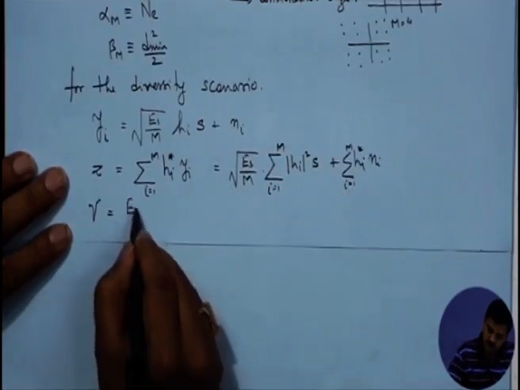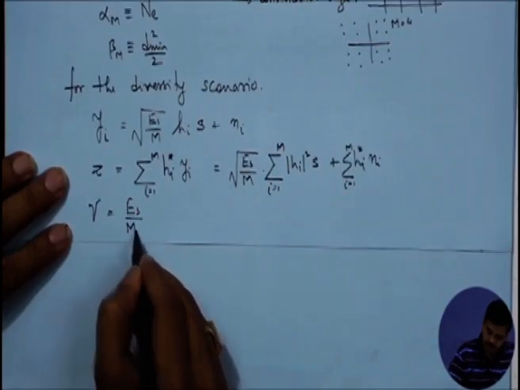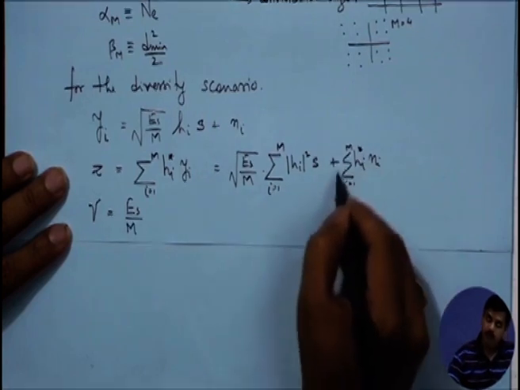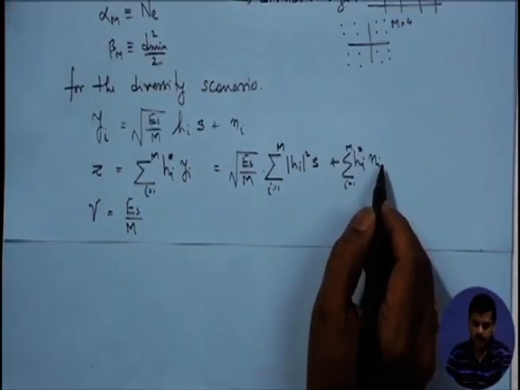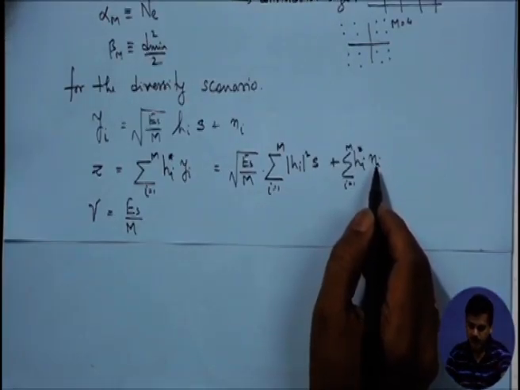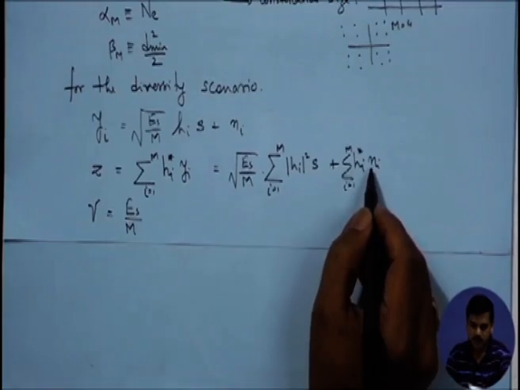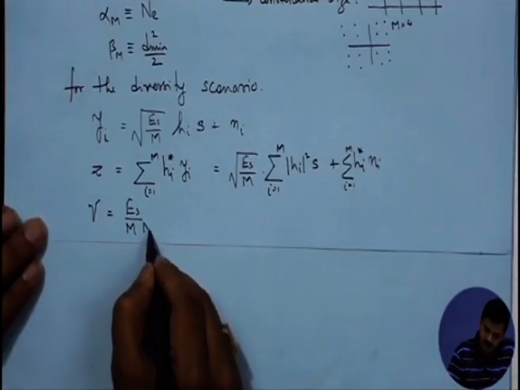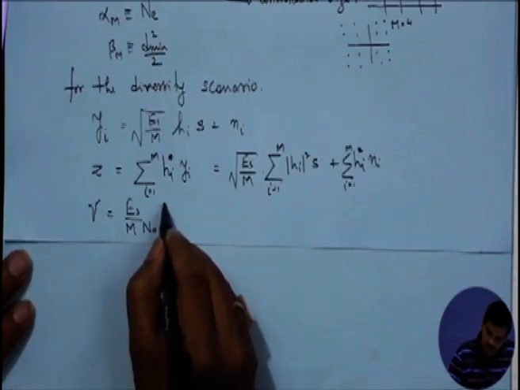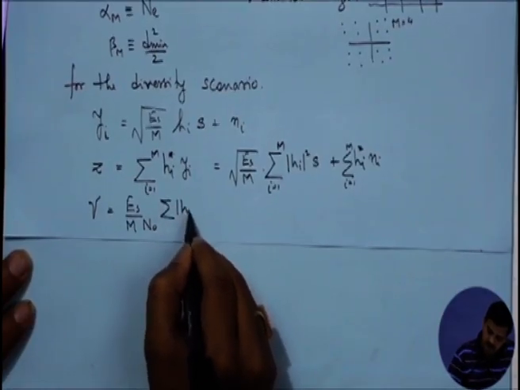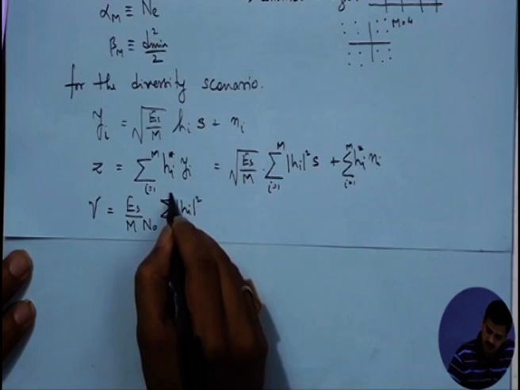So, we are going to get Es over m, and when I take the square of the power of this term, we will be getting E of N_i conjugate, and we have already described previously how N_i would be. These will be zero mean circular symmetric complex Gaussian, and they are independent of each other, that we have already mentioned in our previous discussions. So, we are going to get n naught in the denominator because of this, and we will be getting in the numerator sum over mod h_i squared, i equals 1 to m.